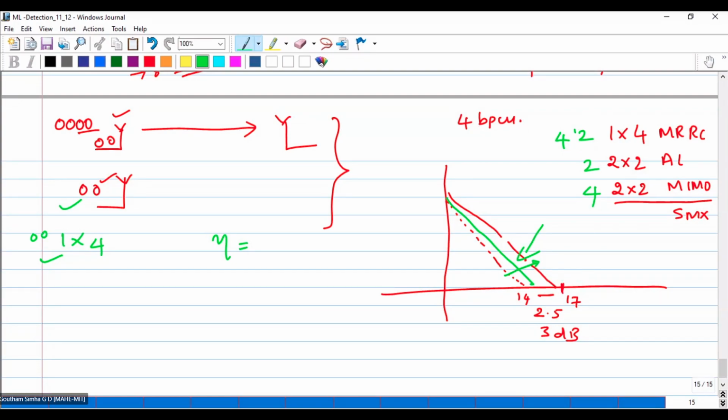So the spatial multiplexing scheme is a scheme wherein 2 transmit antennas and 2 receive antennas are used or activated together. At the same time, 2 different pieces of information are transmitted continuously. There are no time slots.